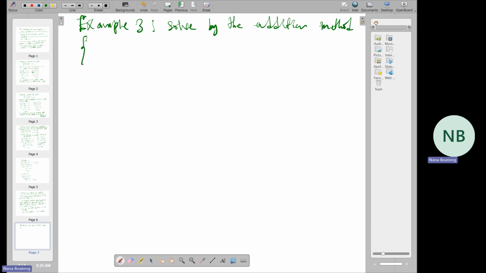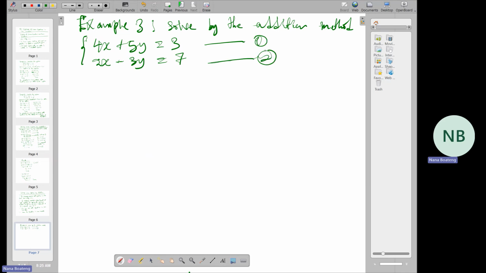This is 4x plus 5y is equal to 3, and then 2x minus 3y is equal to 7. Okay, so these are the first two equations that we have. We will label this as equation 1, and this as equation 2.